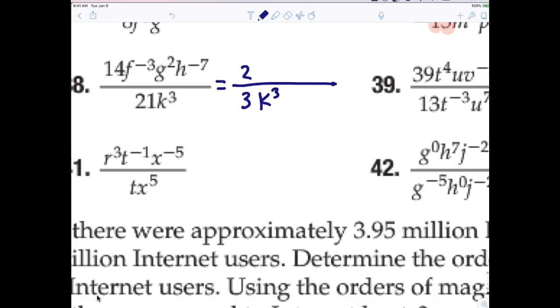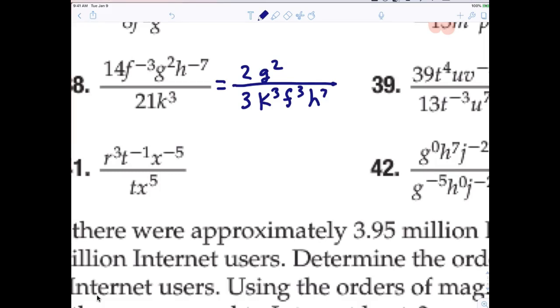Good. And you would have to bring F to the 3rd down. And then it would still be G to the 2nd on the top, and you would have to bring the H to the 7th down. Look how simple, guys. Simple, simple, simple. Everybody good? Everybody happy?